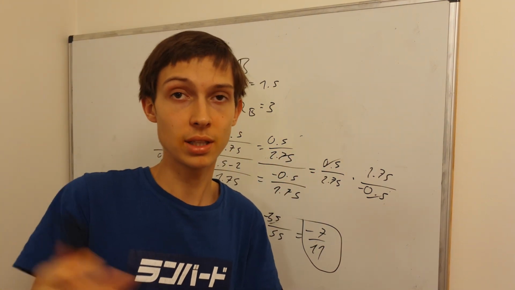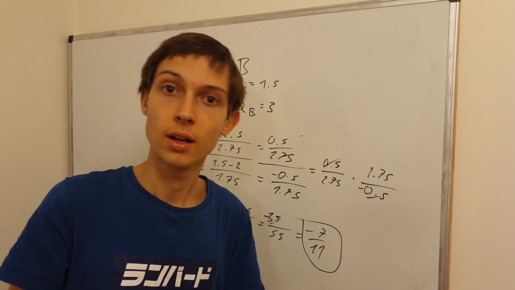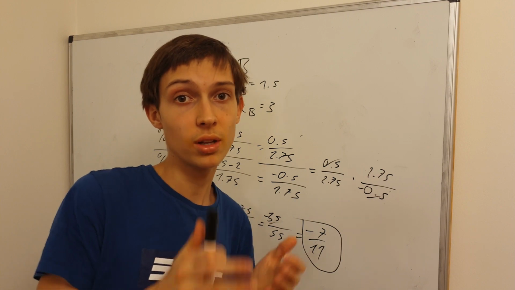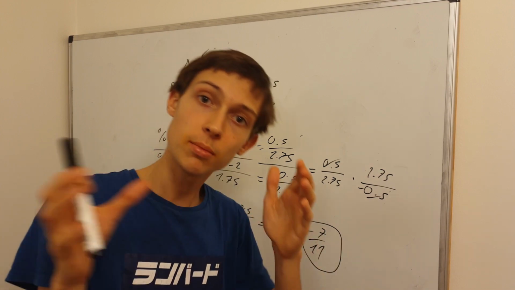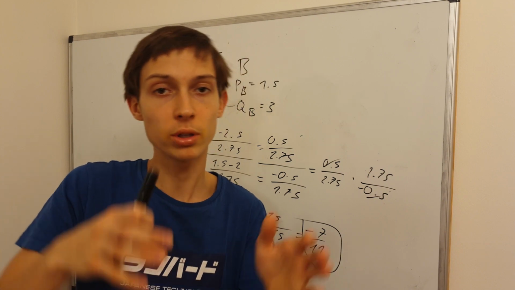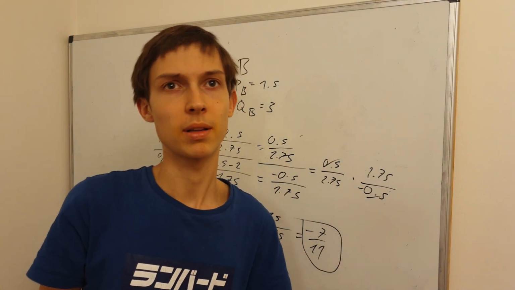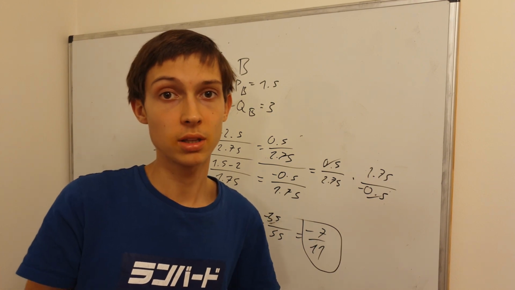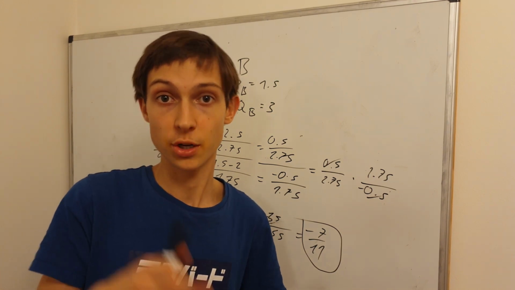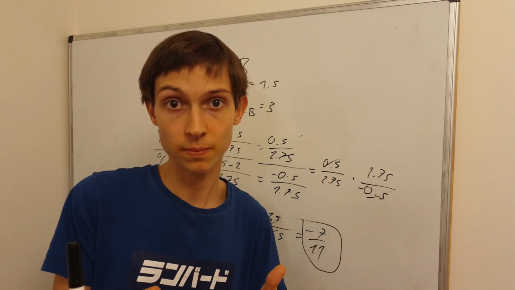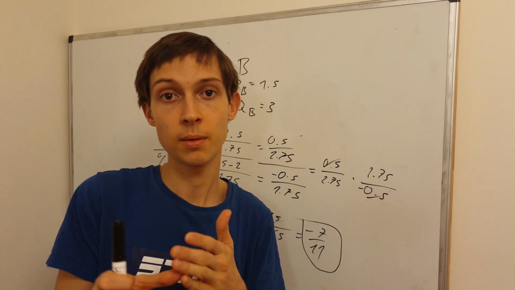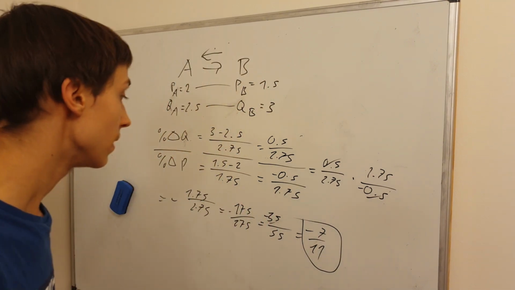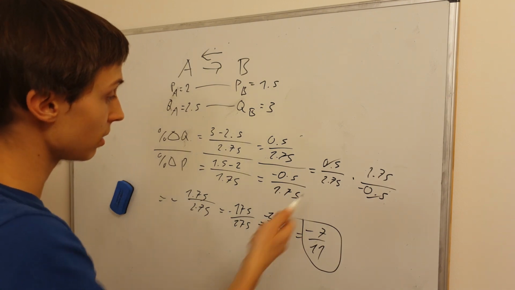The percentage change in Q is nothing else than the actual change in Q, the magnitude of the change, over some chosen value, which can be the initial, can be the midpoint, can be the end value even, but better is the initial or the midpoint. And the percentage change in price is again the change in price, the magnitude of the change, over some chosen value. And so this is exactly what's going on, and that's why this is a percentage.